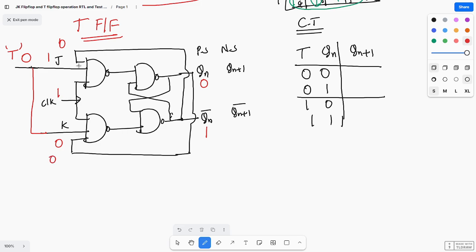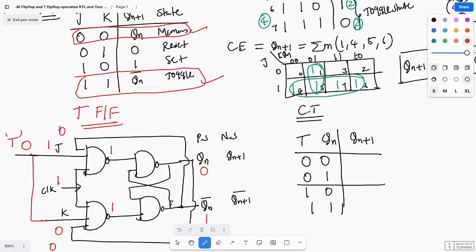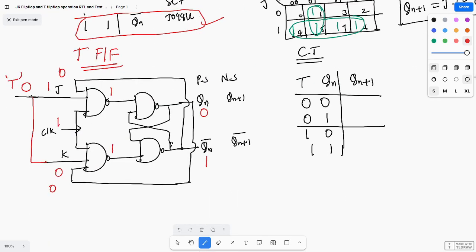Here, in the NAND operation, 0 bar means you are getting 1, and here 0 bar also means 1. So 1 1 in the NAND latch, we already saw, is the memory state. If it is 0, you are getting 0; if it is 1, you are getting 1. So if T equal to 0, the next state is the memory state.